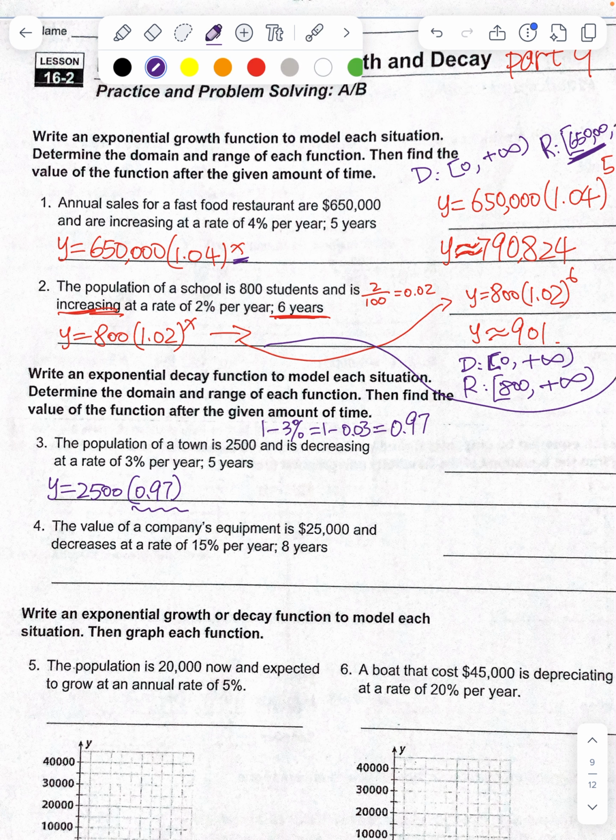Okay, raised to the x power. But here I'm going to change the x to 5. Now I'm going to figure out the population after 5 years. So 0.97 raised to the 5th.